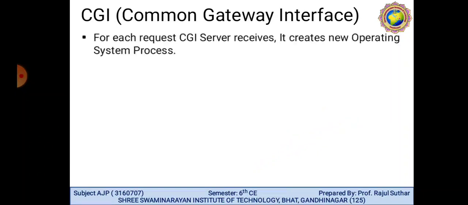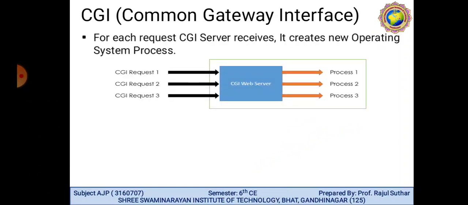For each request the CGI server receives, it creates a new operating system process. So each and every request is handled by the CGI web server and processed as in this figure: CGI requests 1, 2 and 3 are handled by the CGI web server and processes 1, 2 and 3.